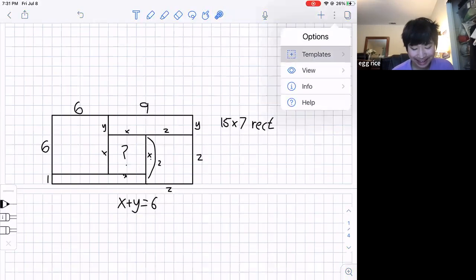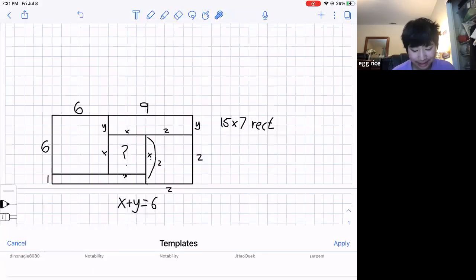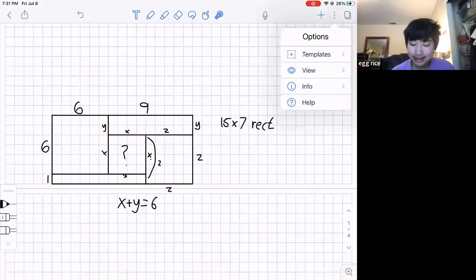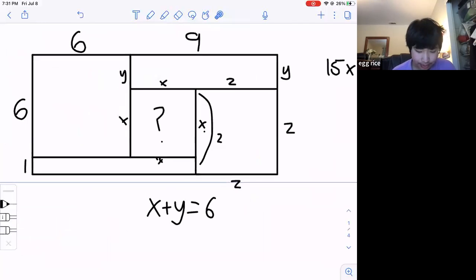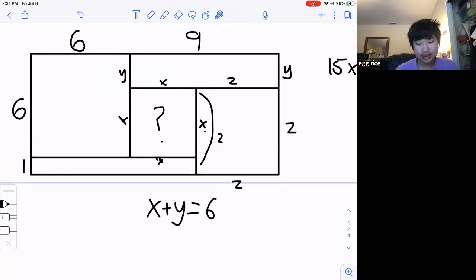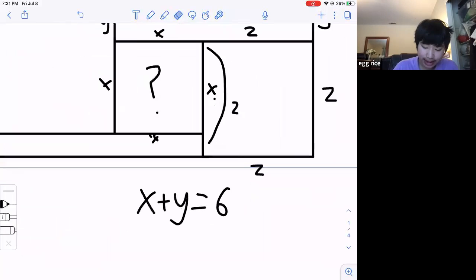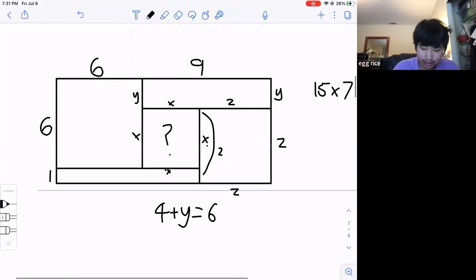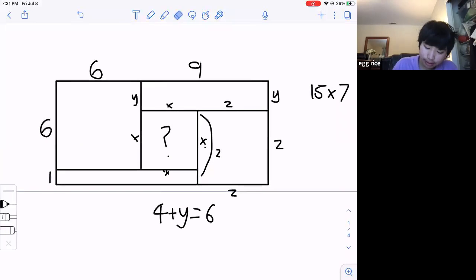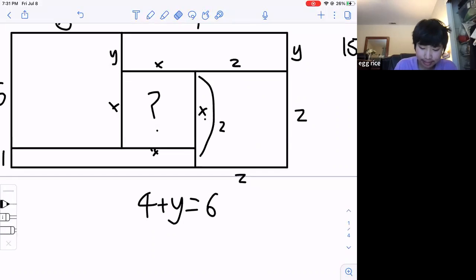I drew this on the graph, but if we assume that the square's height is 4, then we know what x is, right? Then we know that x is in fact 4. x plus y equals 6, and y plus 6.